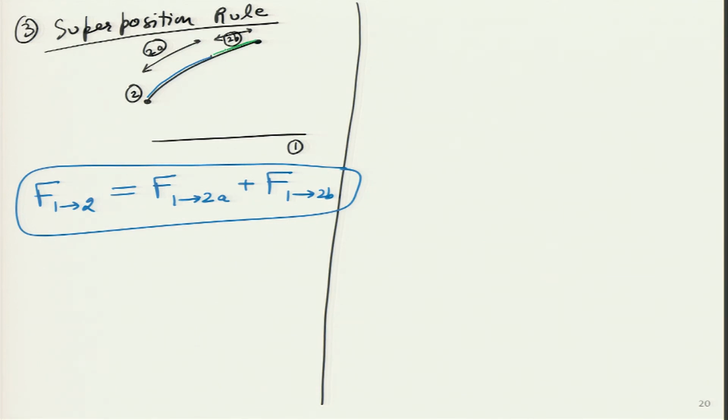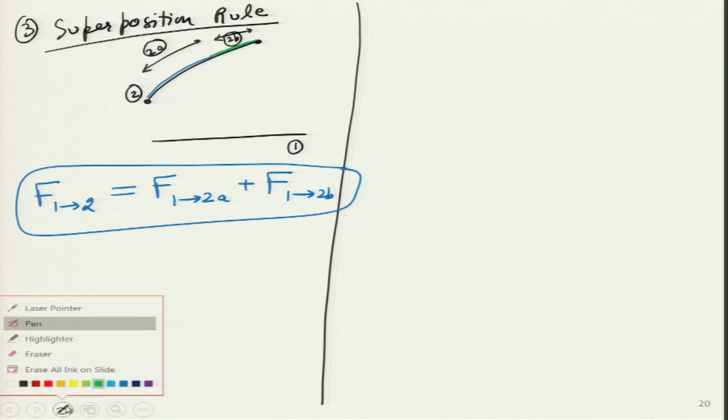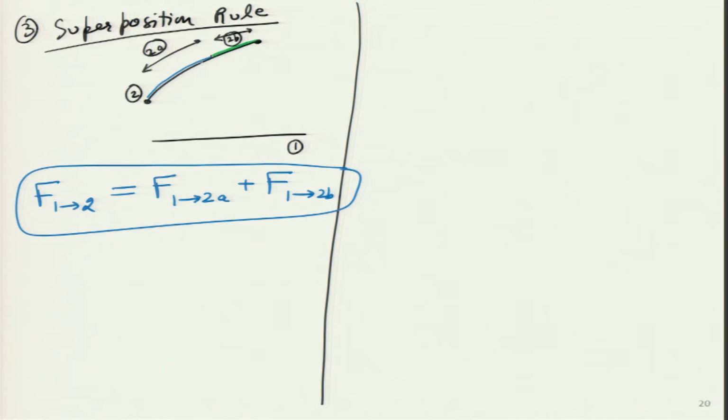Essentially, blue and green together is one big object, but I can always split it into two parts or 3 parts or 4 parts. All of that added together should give me the same thing. So, in short form I can just write F12 is equal to F12A plus F12B.